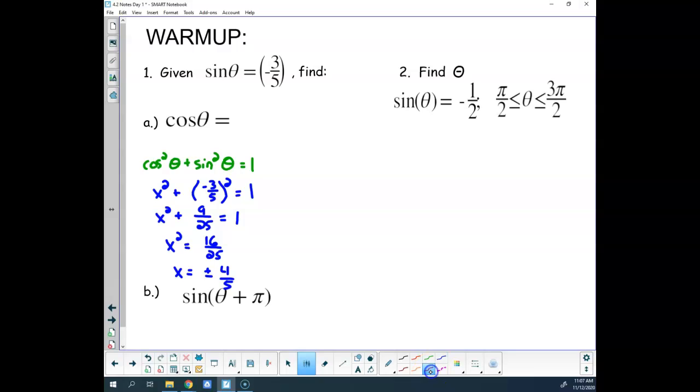And since we weren't told what quadrant we were in, we know that we're either in quadrant 3 or 4. We need to give that one.